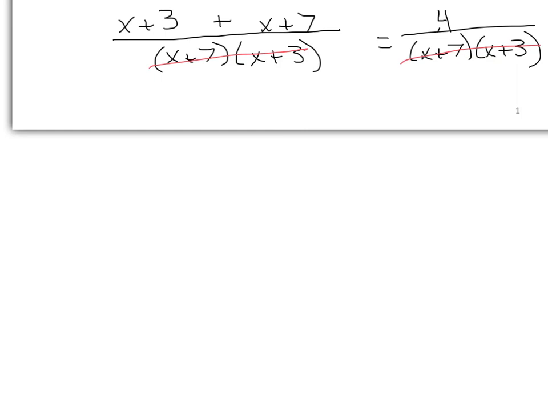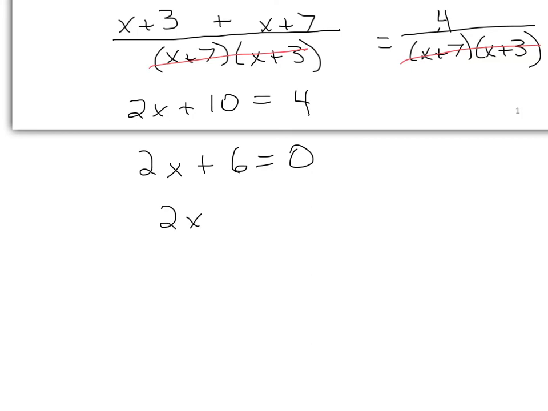So now we just combine like terms in our numerators, and then we solve for x. First we'll subtract 4 from both sides to get 0 on the right, and then subtract 6 to get 2x equals -6, divide by 2, and we have x equals -3.